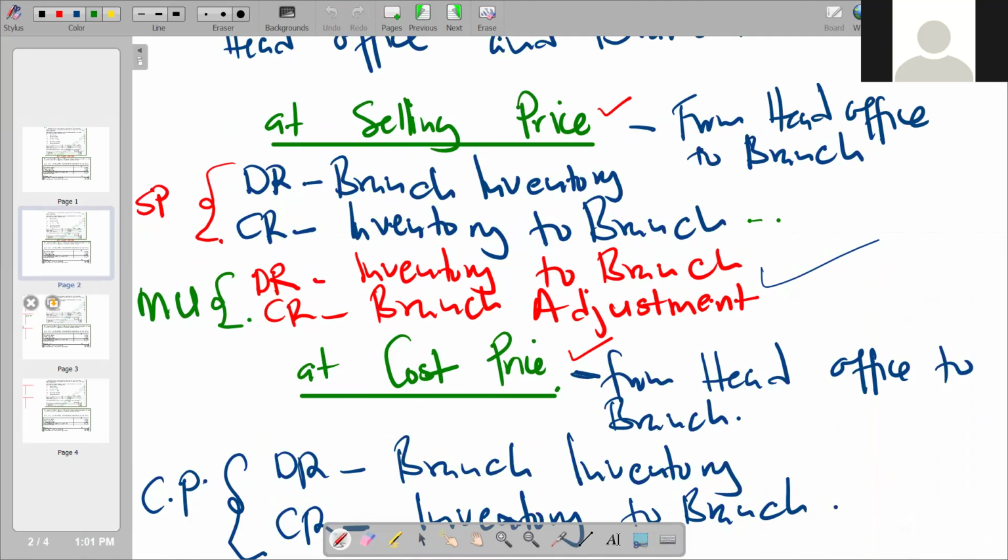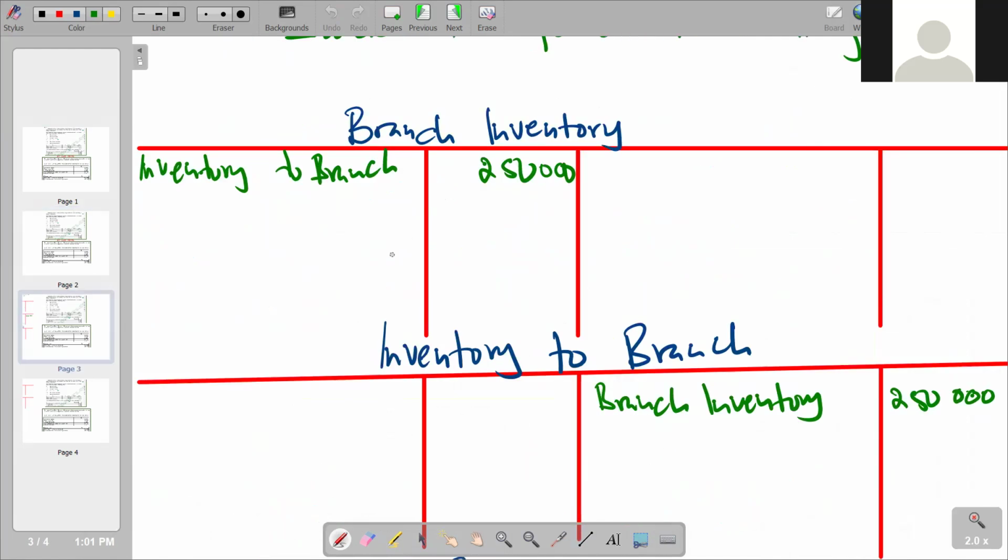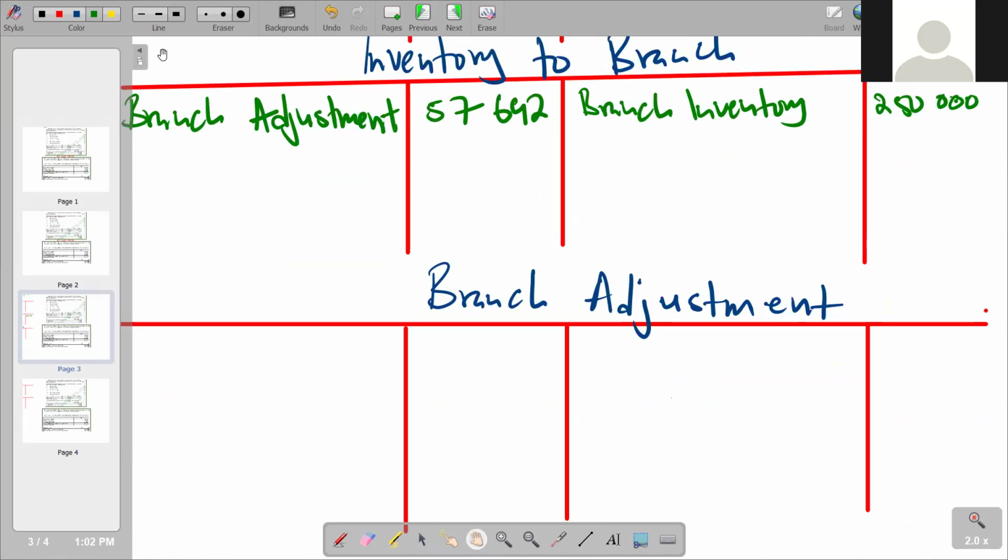So we go to inventory to branch and then we debit there. Remember, it's supposed to go to branch adjustment, which is the markup proportion. It becomes 57,692. And then we go to the credit side, where we have our branch adjustment.